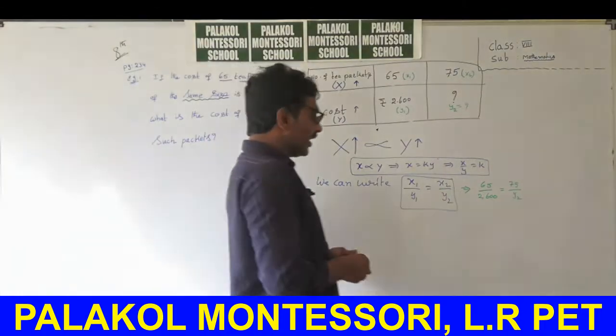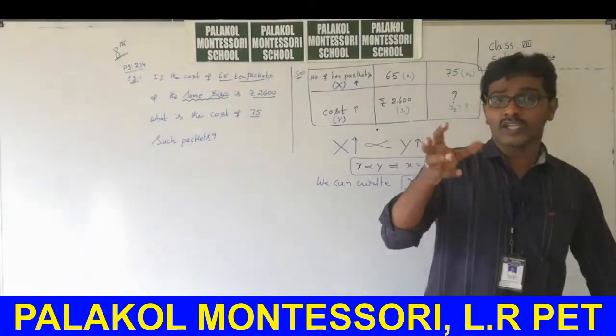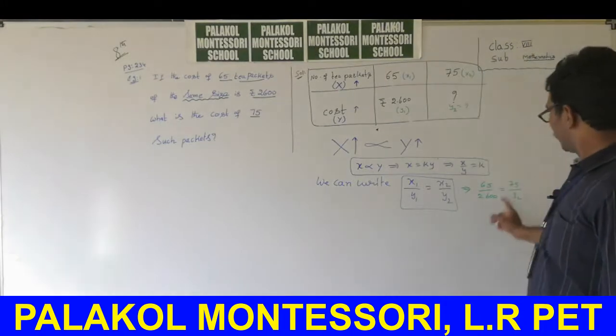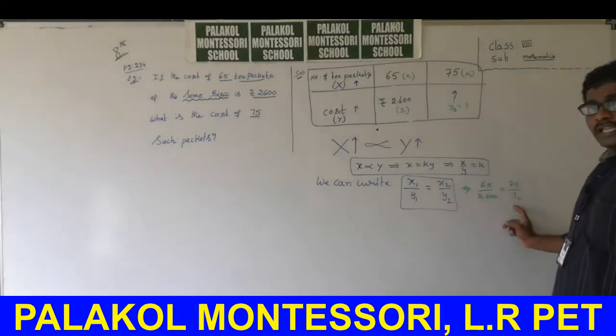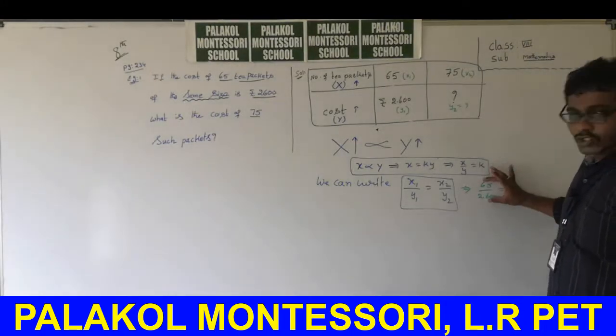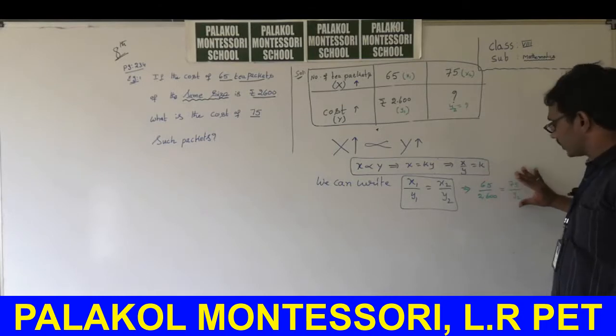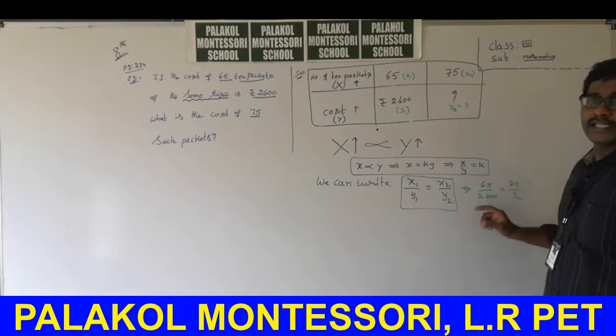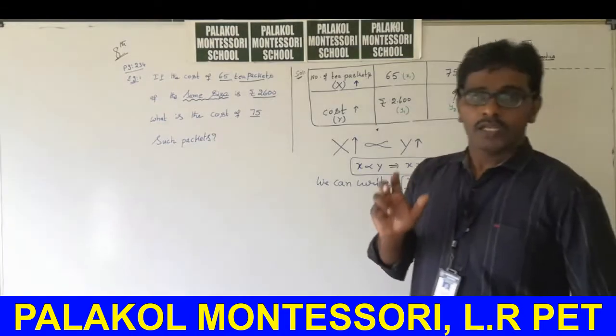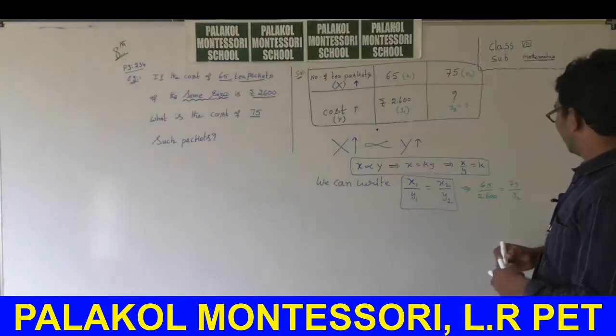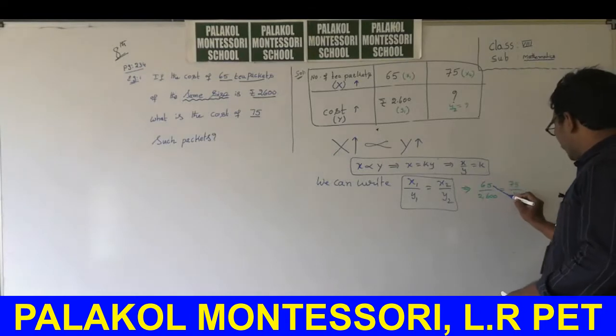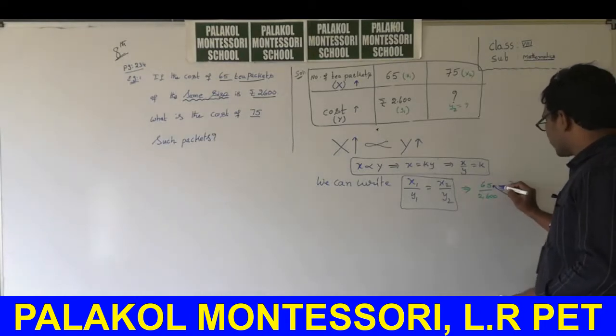Guys, already in 7th class simple equations are there. In this, an equation is formed. In this equation, this part is called the LHS, this part is the RHS. In between, one symbol is there, that is the equality symbol. Now you apply cross multiplication.